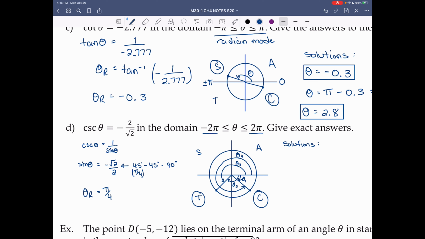First solution, theta 1, is in the negative direction, and it's just our reference angle, so negative pi over 4.